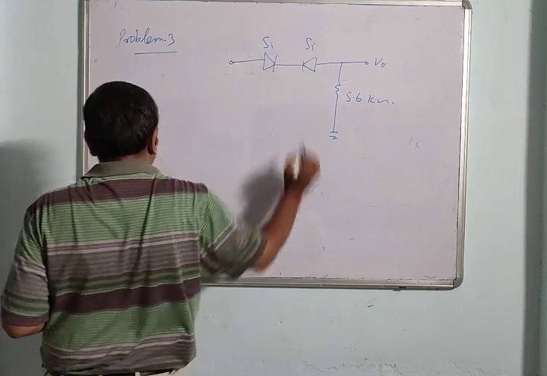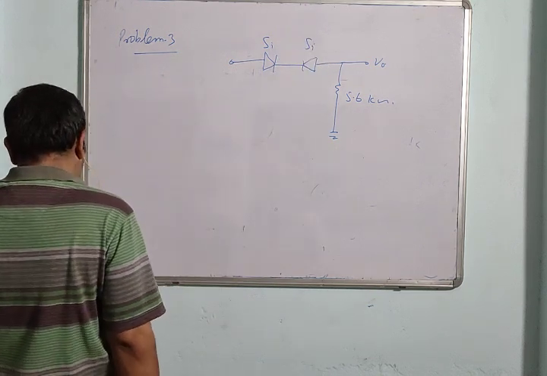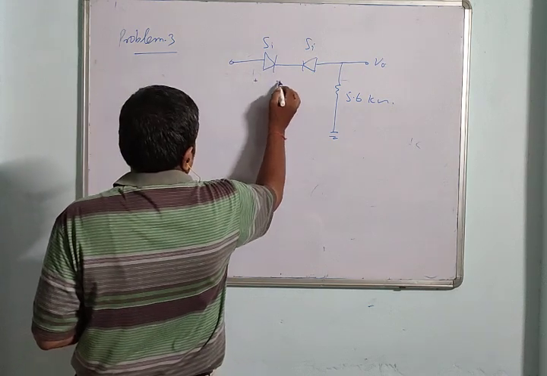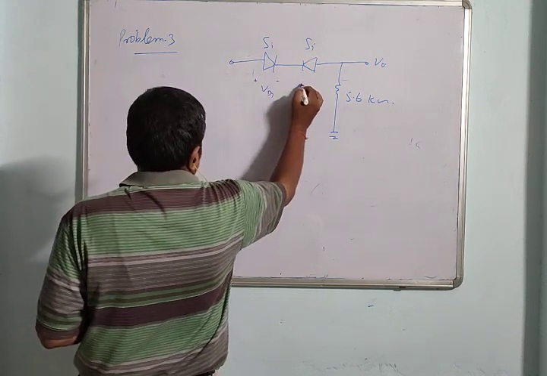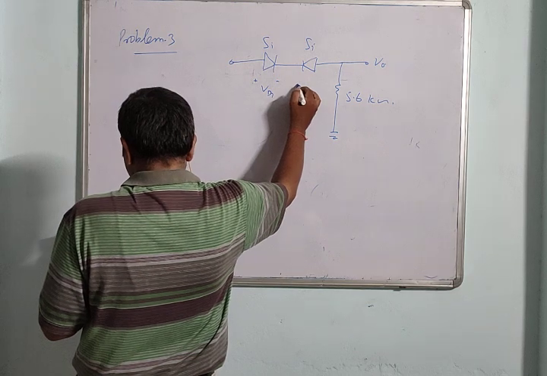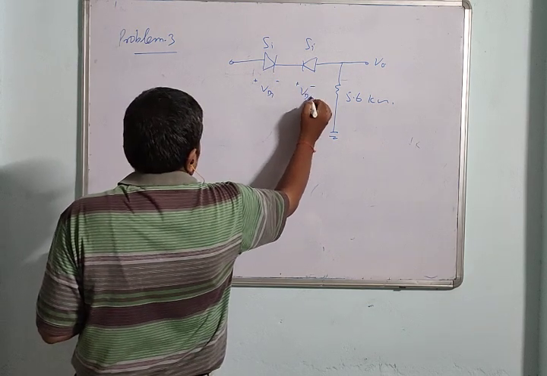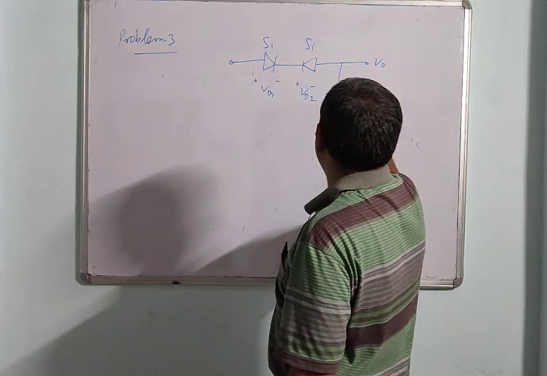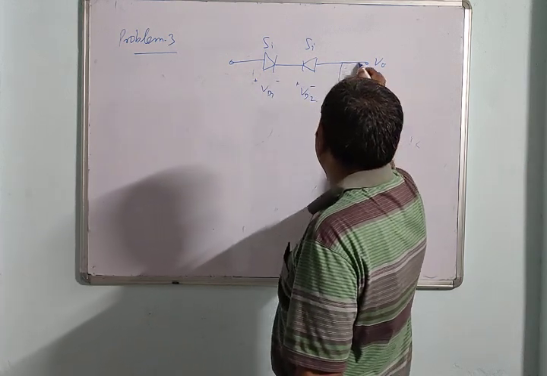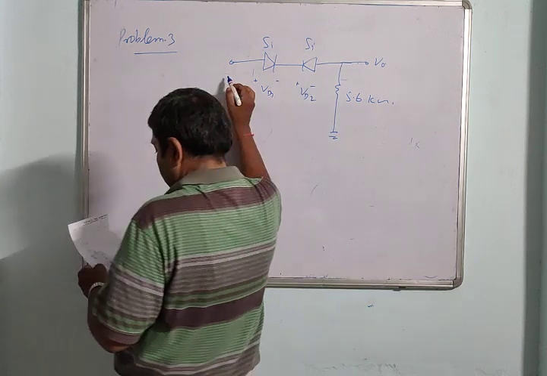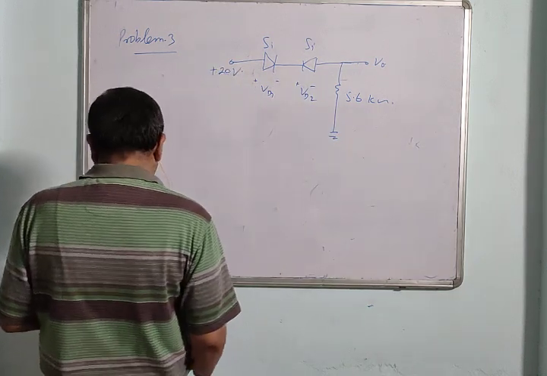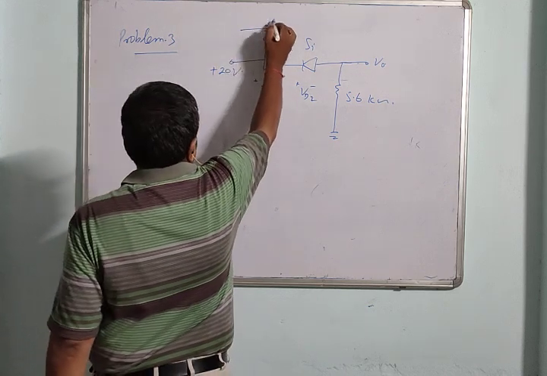These are two silicon diodes. Here drop is VD1. Here VD2. You can see this is the resistance and applied voltage is plus 20 volts. Okay. Current is shown ID.